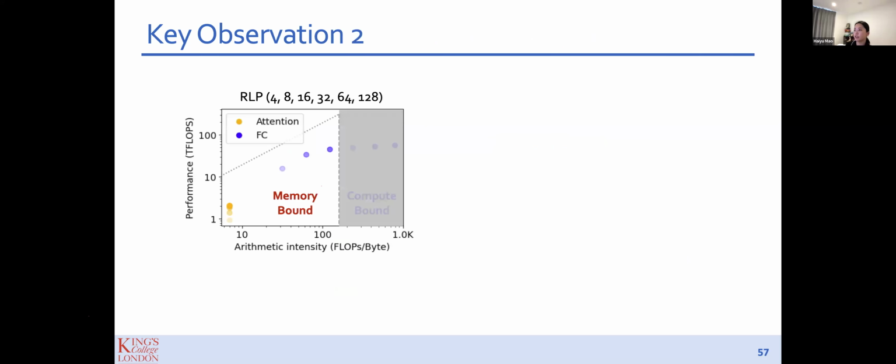The second key observation here is from the result of the previous slides: even though attention layers and FC layers are both memory bound, they actually require different memory bandwidth, right?